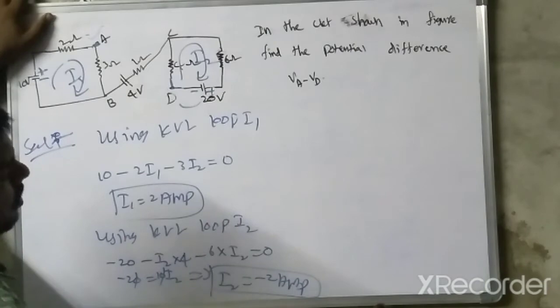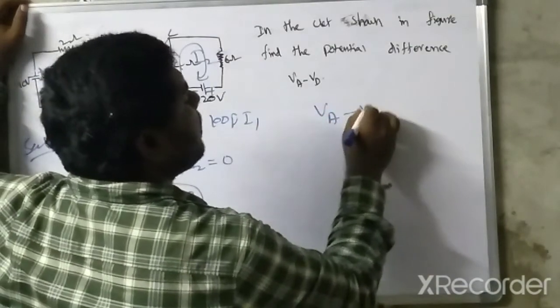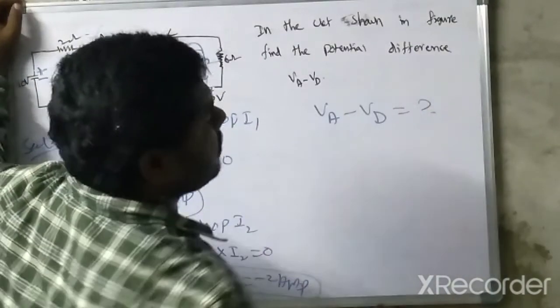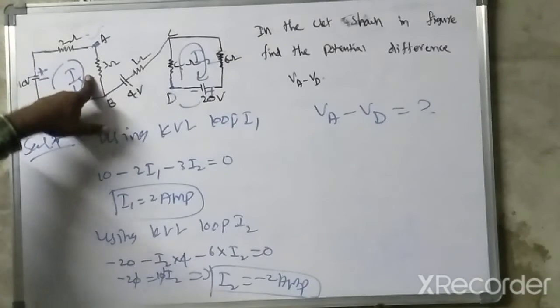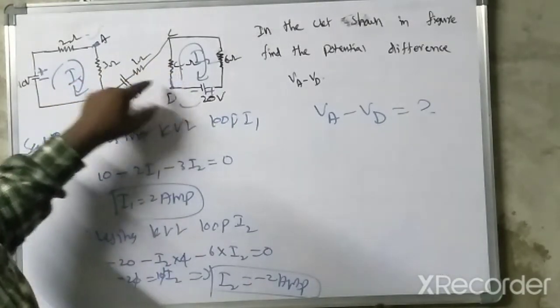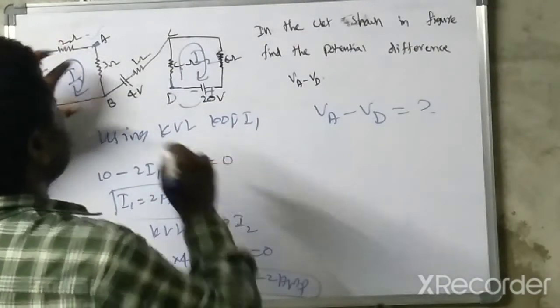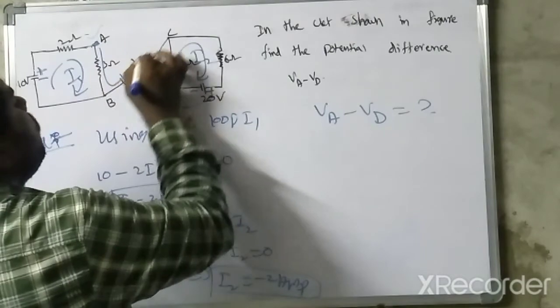I2 value we know, I1 value we know. What they are asking: potential difference VA minus VD is equal to how much? This is the question. Once we know the currents, this is the path they are asking.